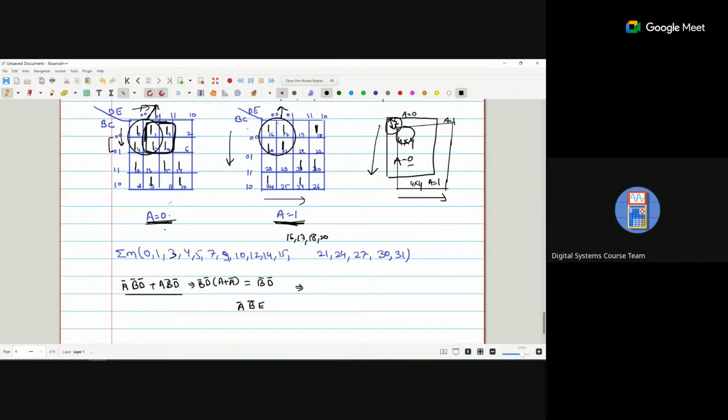Now we go to the next. You can check these two groups and these two will overlap. Now these groups will overlap. So what is the equation of this one?